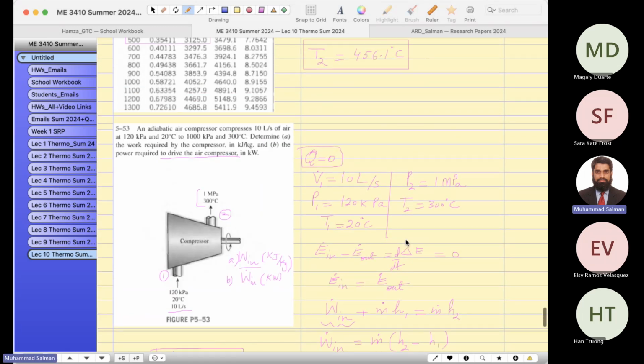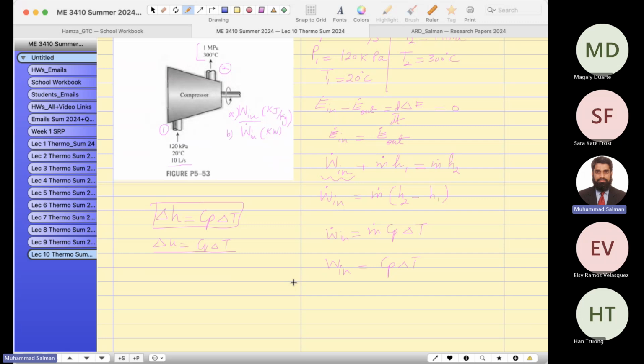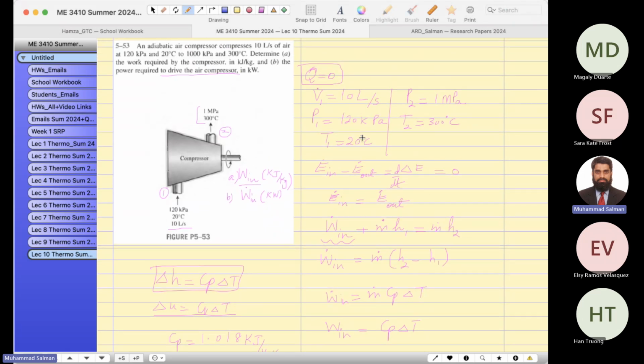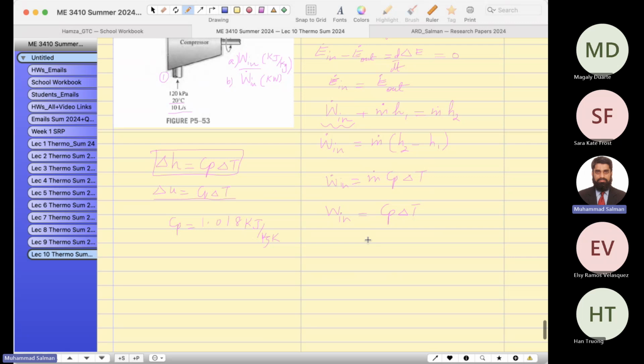and Cp for air from the table is 1.018 kilojoules per kilogram Kelvin. And delta T is 300 minus 20.